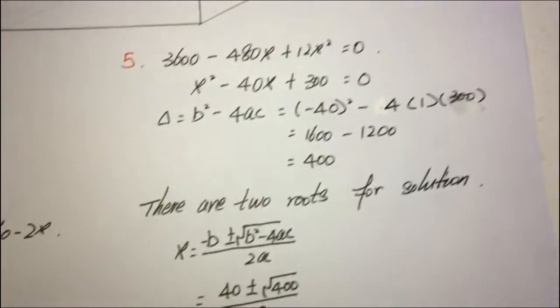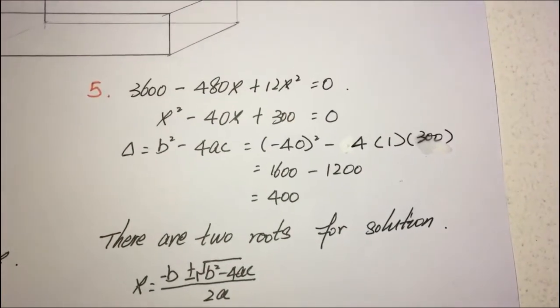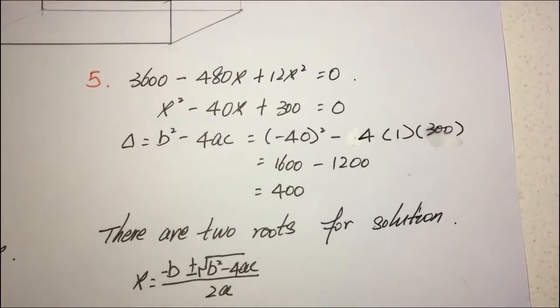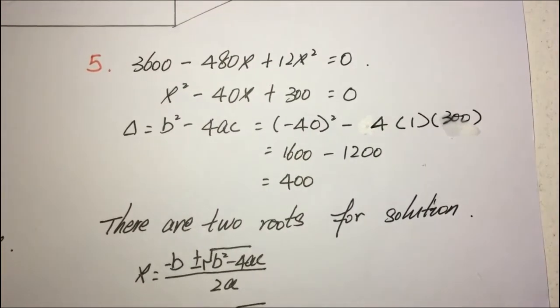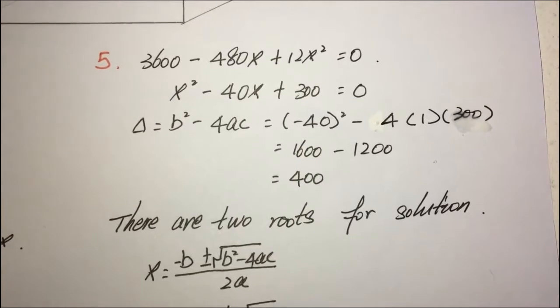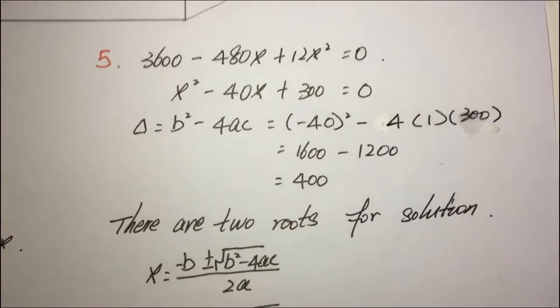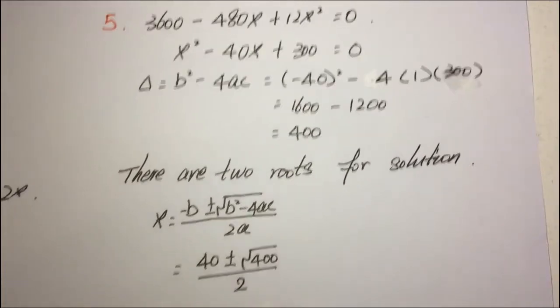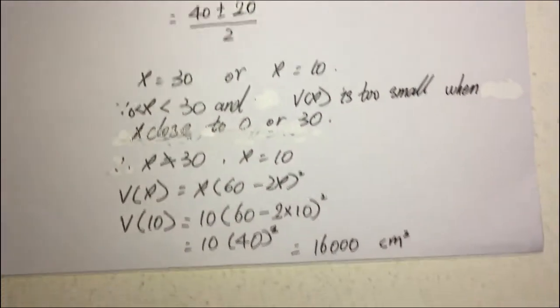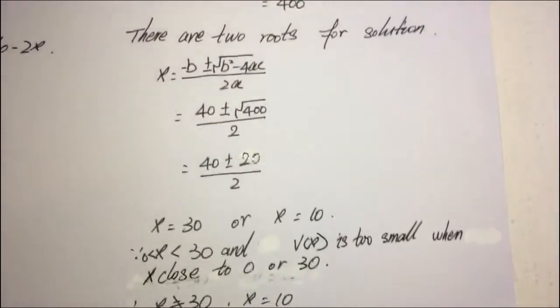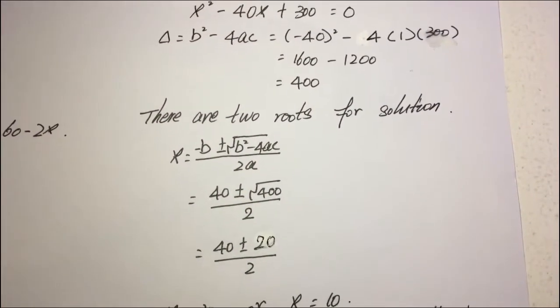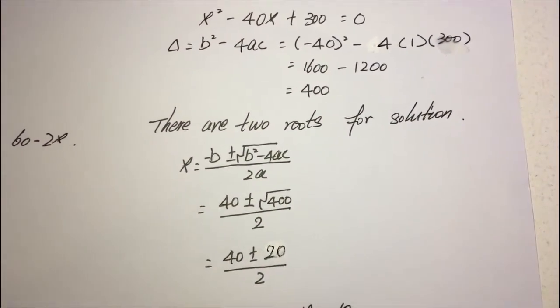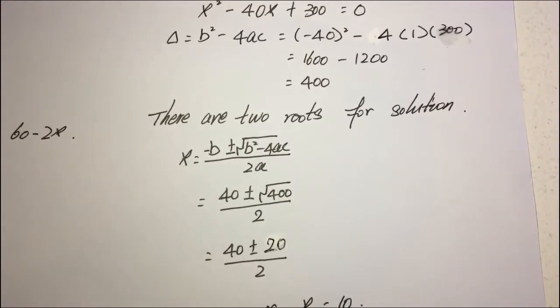That means 12x squared minus 480x plus 3600 is equal to 0. To solve this equation, we need to find delta, which is b squared minus 4ac, and it is equal to 400. Because it is a positive number, that means we have two roots.